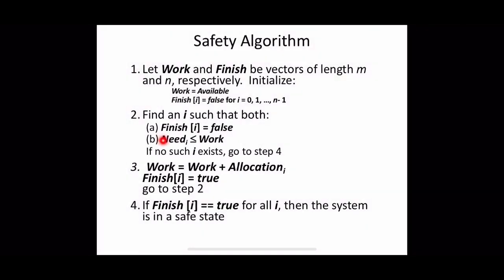Or the other reason for coming to step 4 is that we couldn't find any process whose request can be satisfied with the currently available resources. That is, we are getting stuck here, which means the system is not able to proceed further. It is an unsafe state. So these are the two cases.